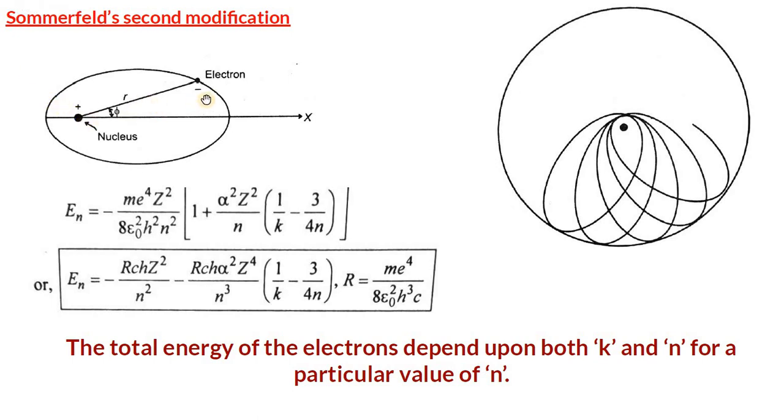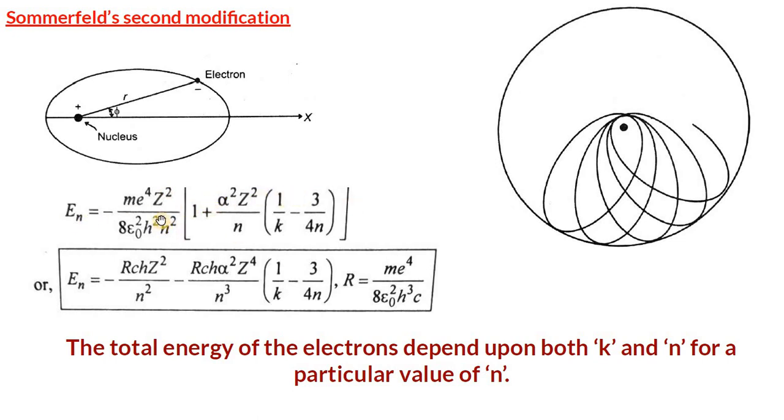So when the electron is at the maximum distance, the attraction force will be lowest. When it is at the minimum distance, the attraction force will be higher. As this attraction force changes continuously, because the distance is continuously changing during the revolution of the electron, the energy of the system is changing, and we can explain this energy with this equation.